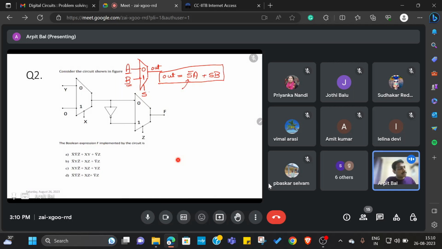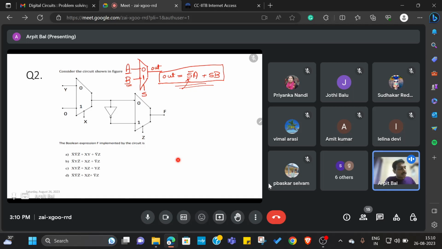But when S is equal to 1, A should not be selected. So the S bar takes care of that. It means at a particular instant of time, only one of the inputs finds its route to the output, right? So this is how we are going to use the muxes for constructing bigger and bigger expressions.